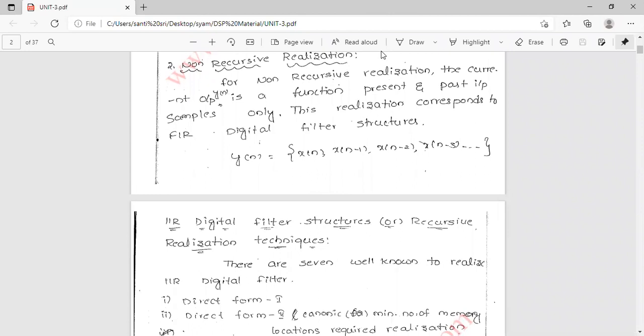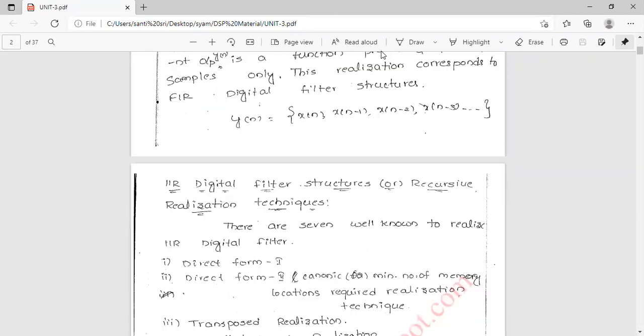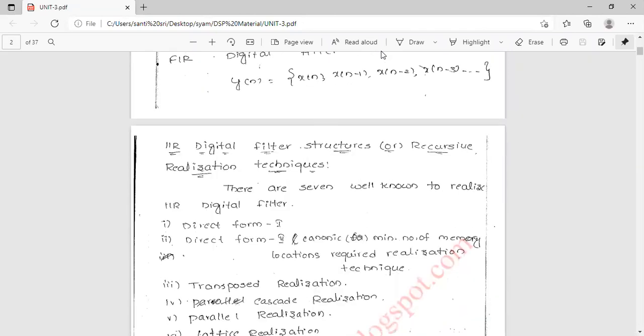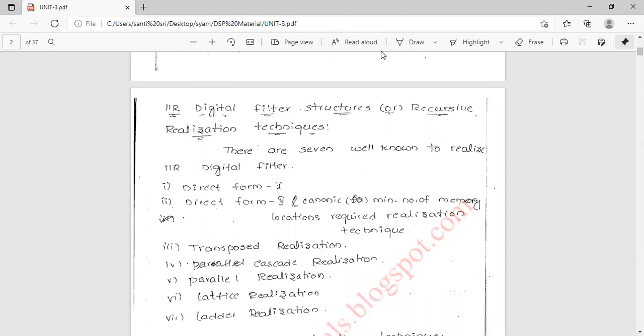IIR digital filter structures are recursive realization techniques. What are the techniques involved? There are seven well-known realization techniques for IIR digital filters. First is direct form 1.